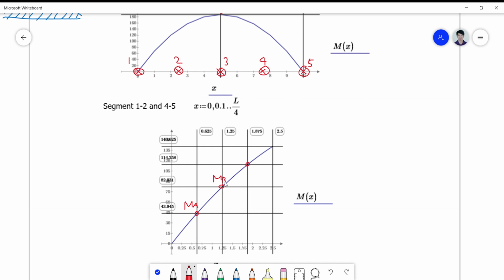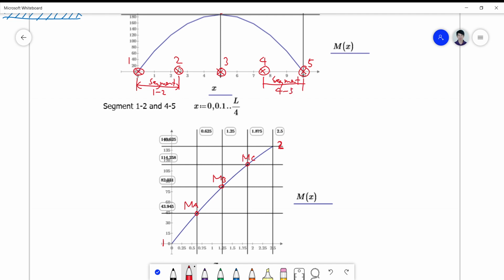So MB, MC. So I'm referring to segment 1 to segment 2 only. Okay, segment 2 lang ako. So I'm referring to this as my segment. Okay, segment 1, 2. Segment 4, 5. They are just the same.